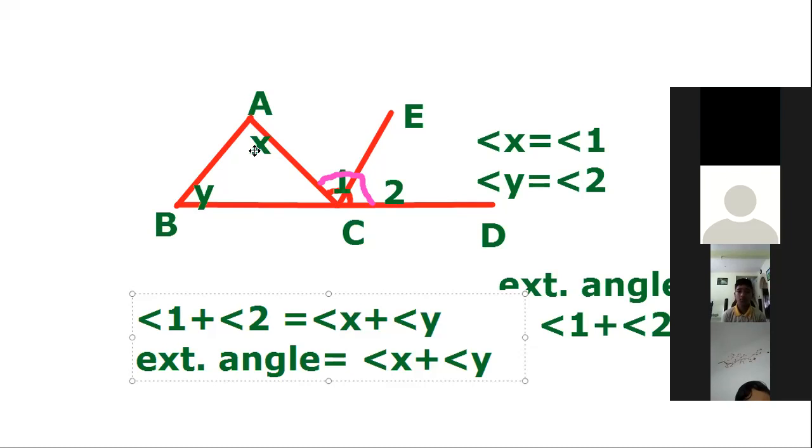Both angle x and angle y are interior angles, which are opposite to the exterior angle, angle 1 plus angle 2. That's why the property is that an exterior angle is always equal to the sum of interior opposite angles. Did you get the idea?